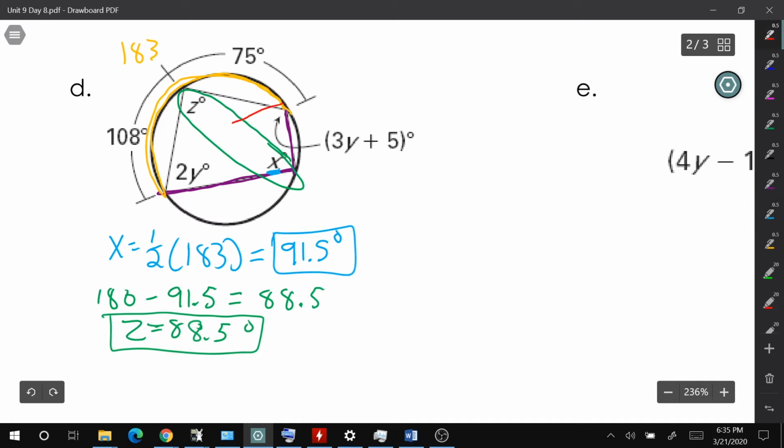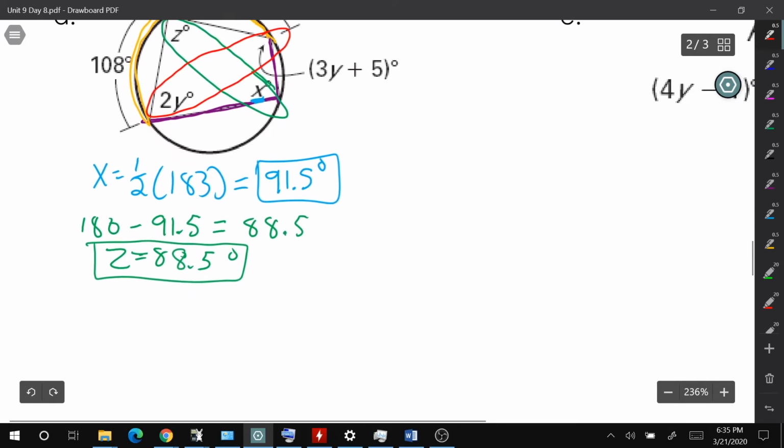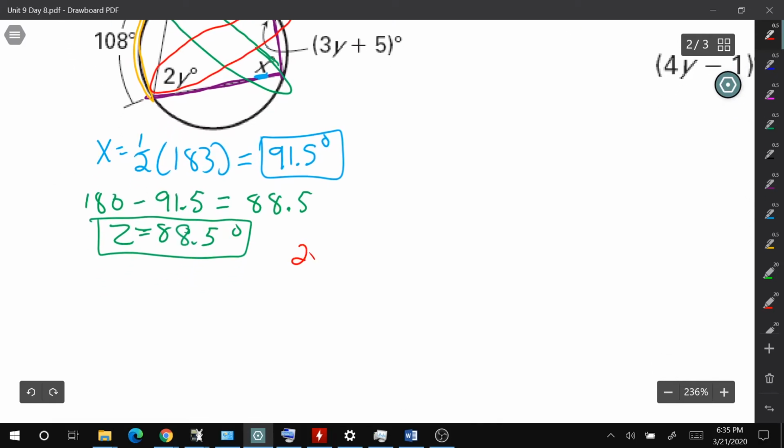Now for Y, these two angles add up to 180. So 2y plus 3y plus 5 equals 180. Combine your like terms, we get 5y. And I'm also going to subtract 5 from both sides.